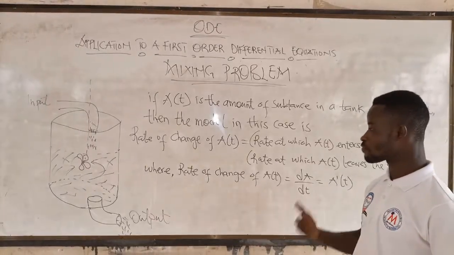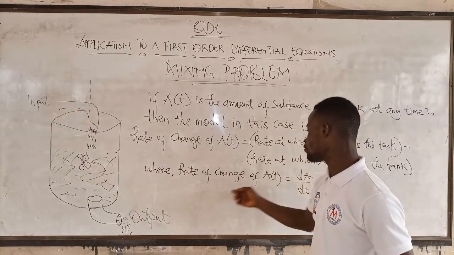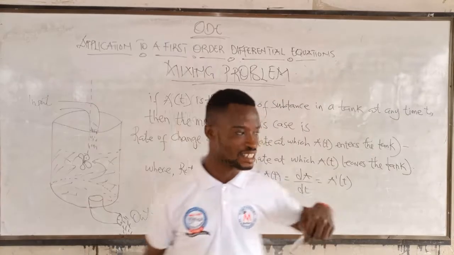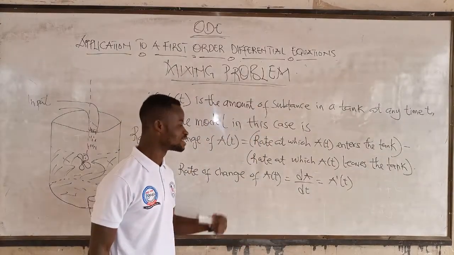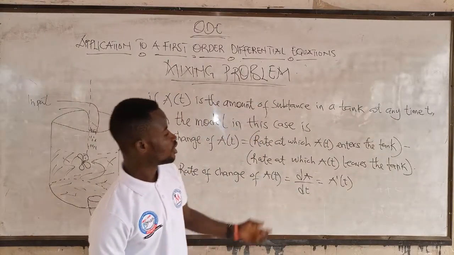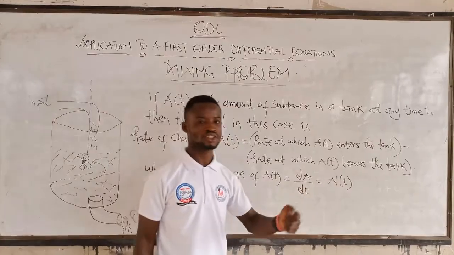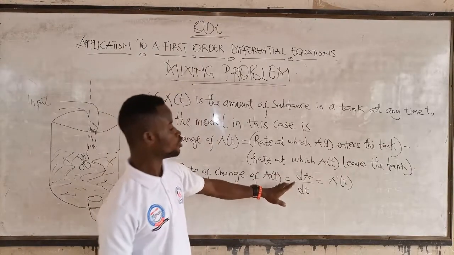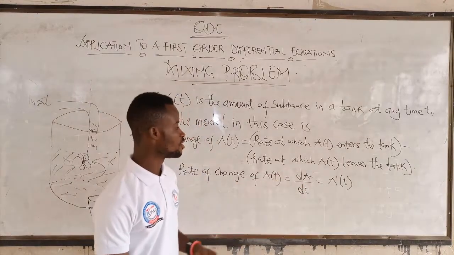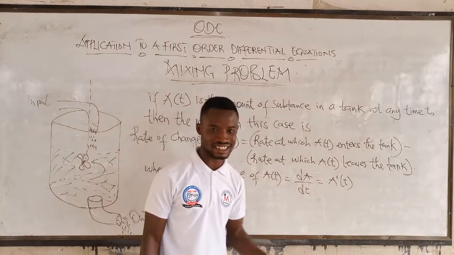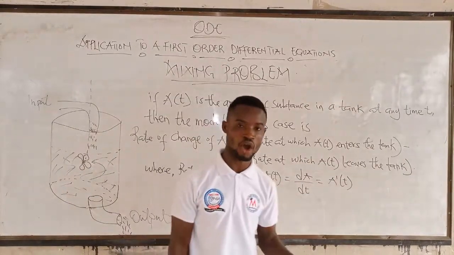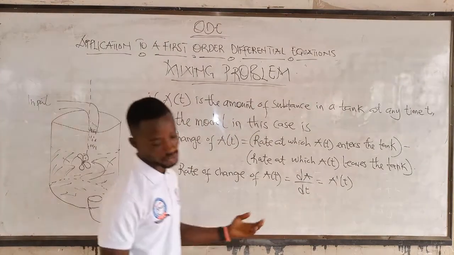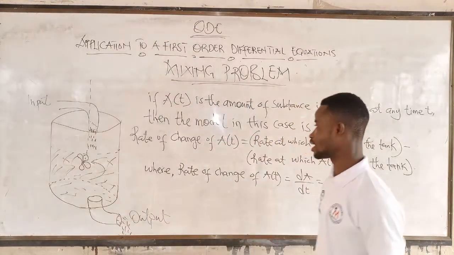So the rate of change of the amount of substance is equal to dA/dt, because the amount of substance will depend on time. And dA/dt is the same as A prime of t. Alright, so that is what we have there.